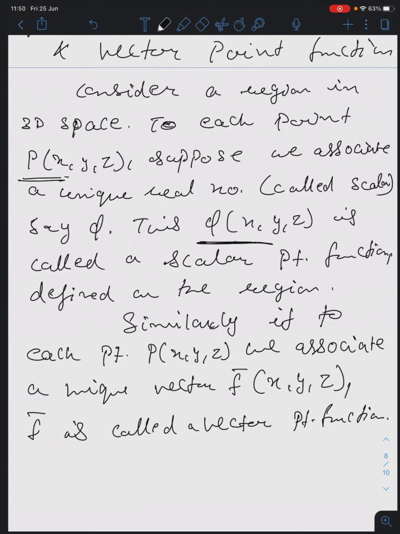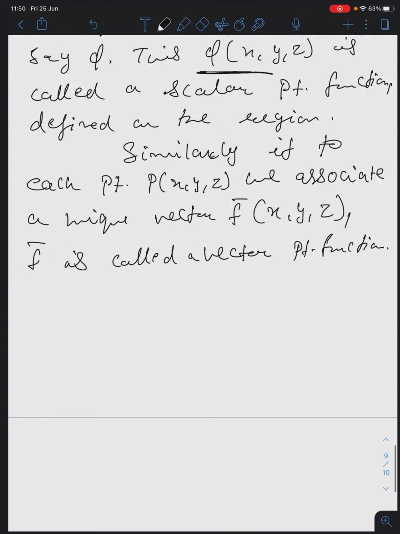Understood? There are several examples of scalar and vector point functions that you will study in your subjects, physics, and there you will study in more detail. So that is about the vector point function and scalar point function.